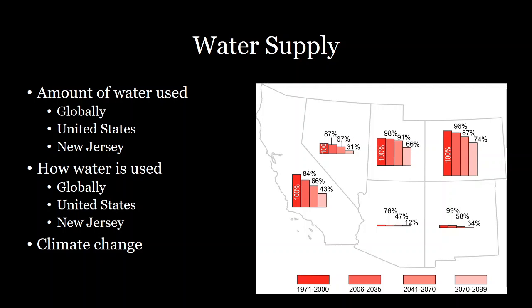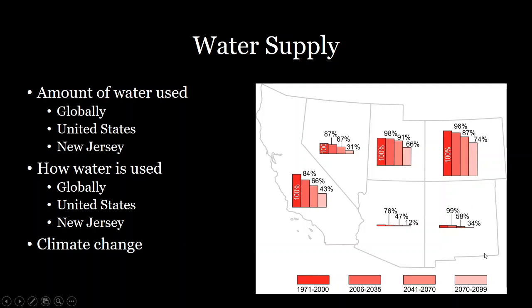This is the total water supply to these states based off an RCP 8.5 climate scenario. That's a business as usual scenario. And in these cases, states like California will receive less than half of their current water supply by the end of the century.